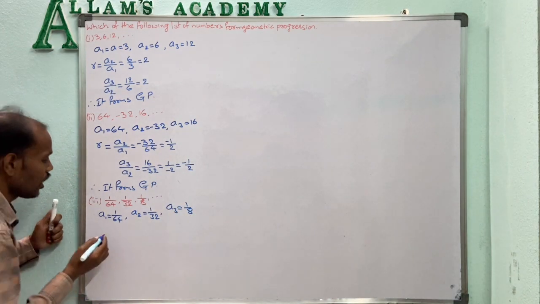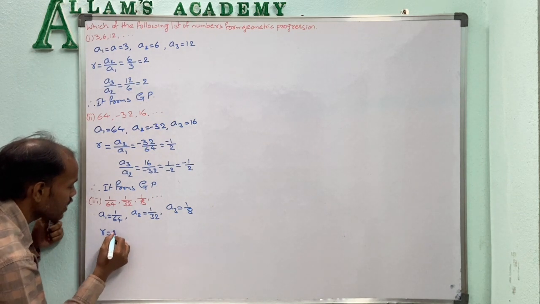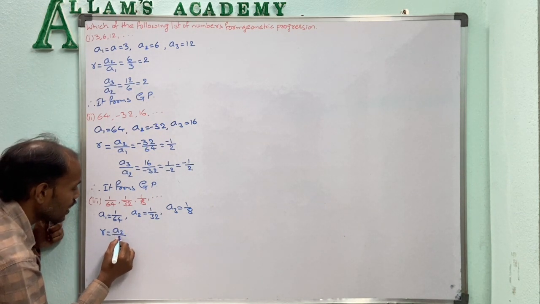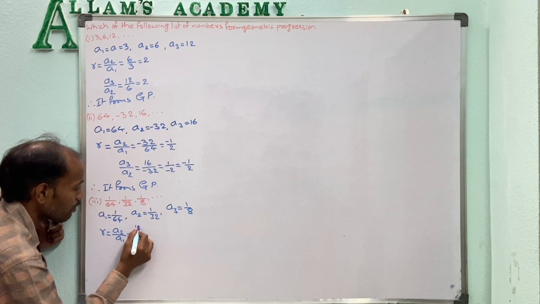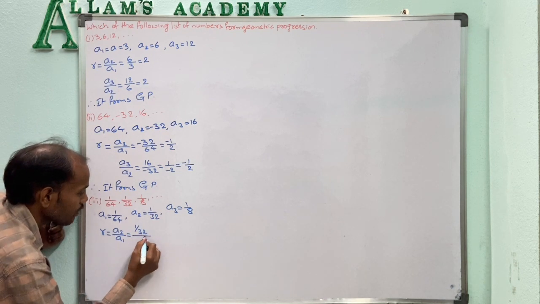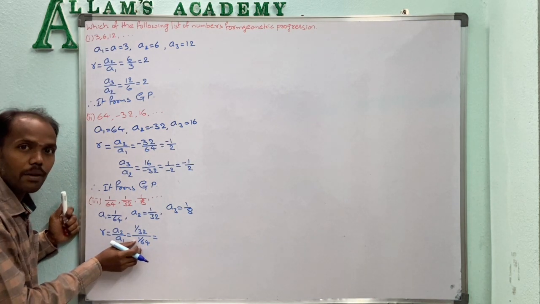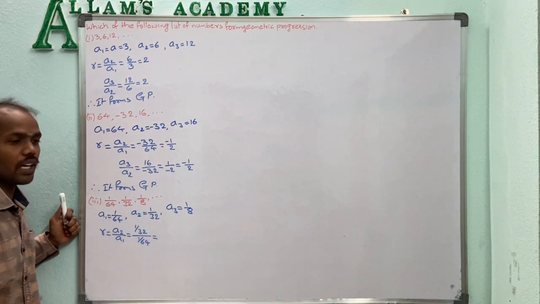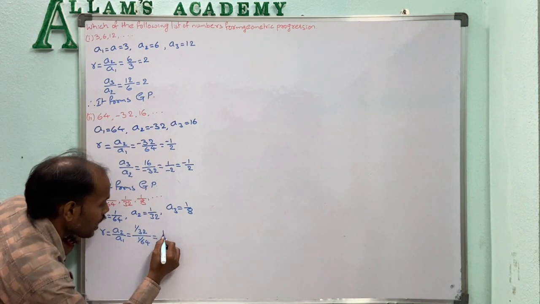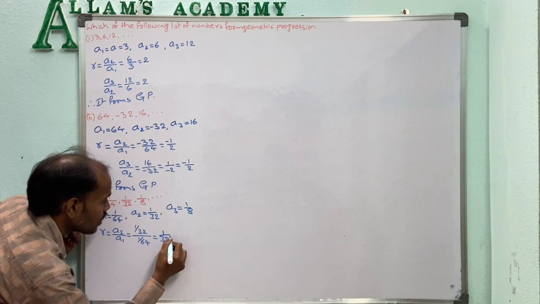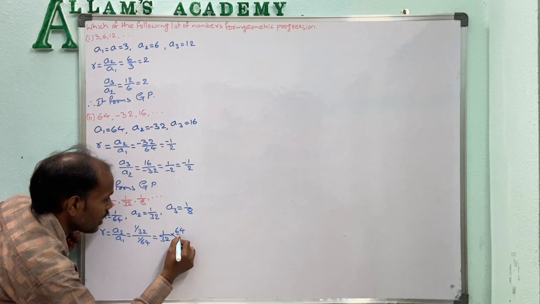Now the common ratio r is equal to a2 by a1, that is 1 by 32 divided by 1 by 64. Since the denominator is in fractional form, we have to multiply by its reciprocal. That means 1 by 32 into 64 by 1.